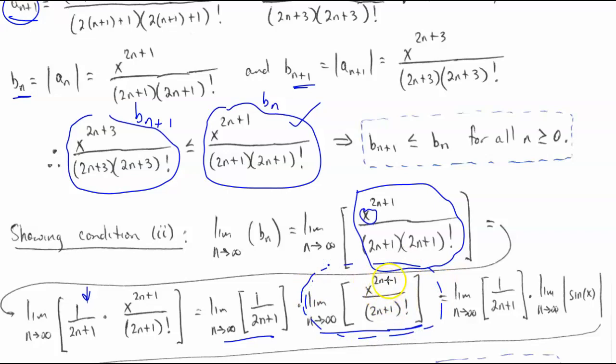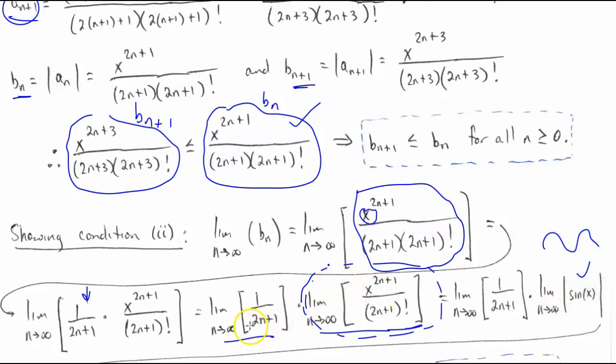If you note here that this x raised to 2n plus 1 divided by 2n plus 1, this is essentially the absolute value of the sine function. And really, if we look at this, we know that this limit here, since this function kind of goes back and forth like that, is really not going to exist.